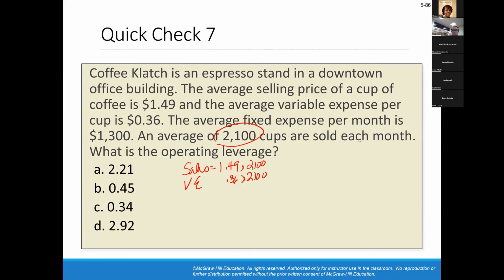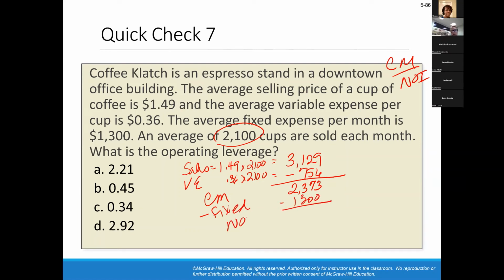So let me move this over here. So if we have 2,100 units at 1.49, our number is 3,129. We have 2,100 units at 36 cents. That gives me 756. So now what is my contribution margin? It's 2,373. Less my fixed, 1,300.